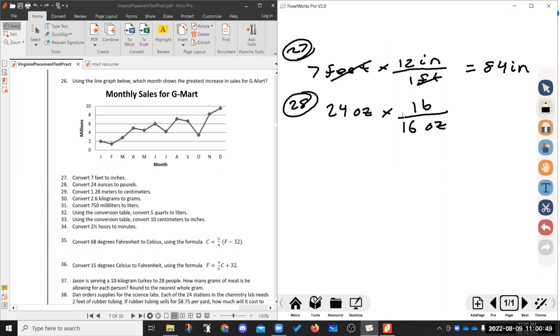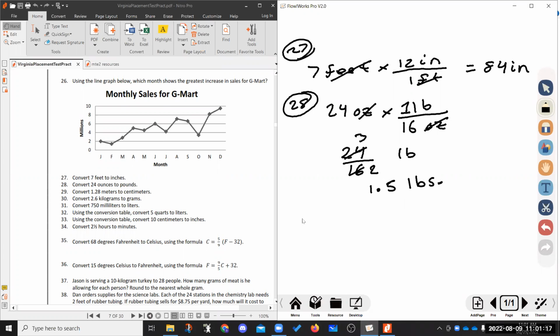This is one that you should have memorized, though, because we're in the same system. But this is going to be 24 divided by 16, which is going to be 3 halves. 8 goes into there 3 times and into there 2 times. So this is 1.5 pounds.